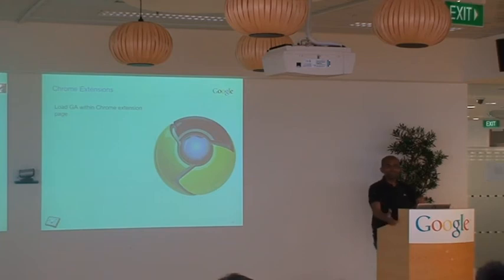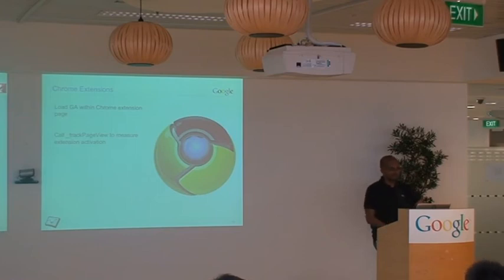A Chrome extension is essentially like a website or a web page running in its own little container. And the nice thing is because it's all JavaScript and HTML based, it also means that you can integrate Google Analytics into there as well. So all you need to do is that library I showed you, you just load it inside your Chrome extension page. You just call track page view, and that will show you how many times somebody viewed the interface of your extension.